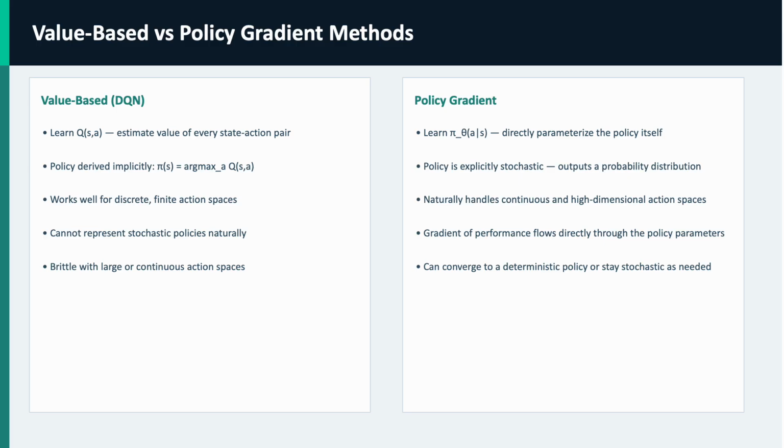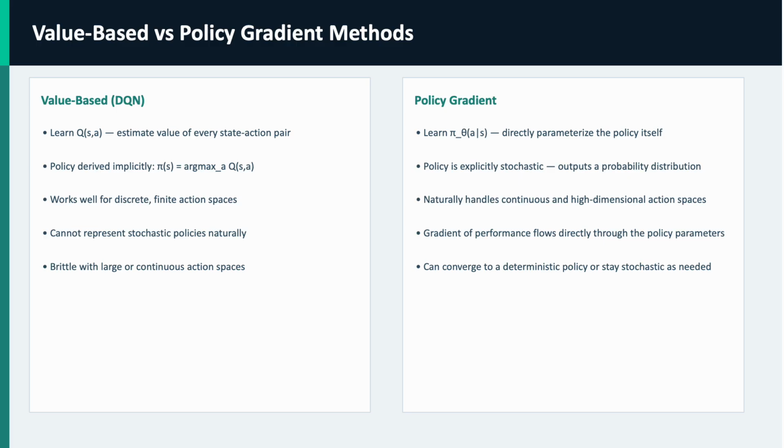Imagine you are controlling a robotic arm and the action is a continuous torque value between -10 and +10 Newton meters. There's no table of Q values to take an argmax over. You need a function that maps from the current joint state directly to the torque to apply, and that function is exactly what a policy gradient method learns.